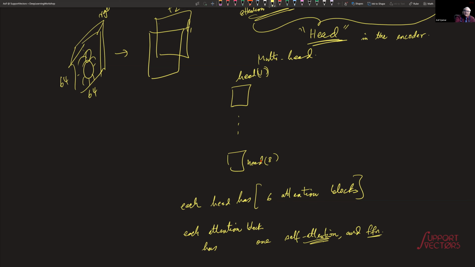all of these put together will produce ultimately, what will they produce? Let's say that you're taking up just word one. There are n words. You will end up with Z1 from the first head, and so on up to the 8th head, and likewise Z2 of the second word.